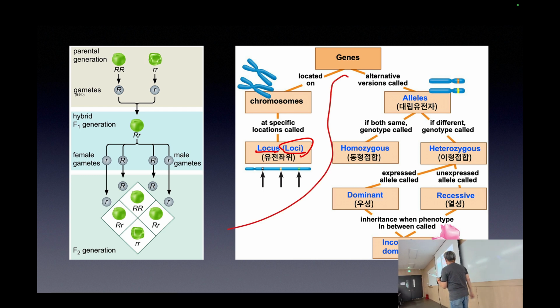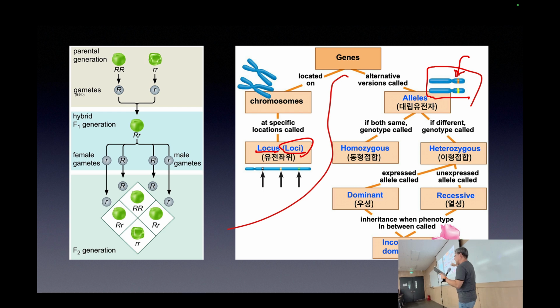If we pay attention to the other side of the story, we are all diploid organisms. So this same locus is marked in color, but intentionally the same locus was colored in two different colors, one orange and the other yellow.